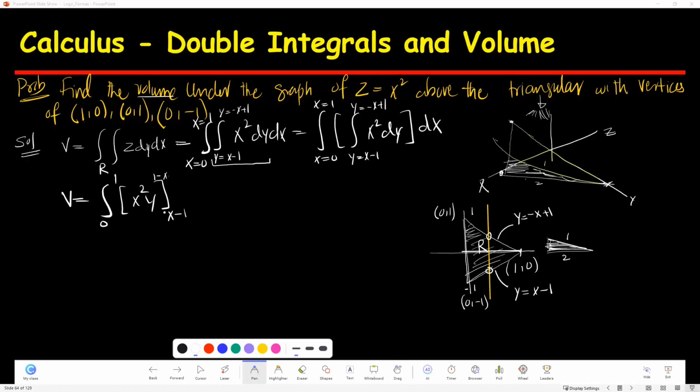Okay, and I'm going to substitute the values, and this is a dx. Let's go further and substitute the limits. On the x squared parenthesis 1 minus x, squared parenthesis x minus 1.